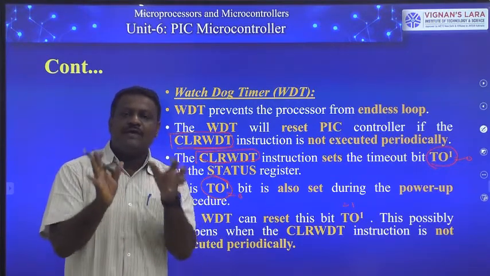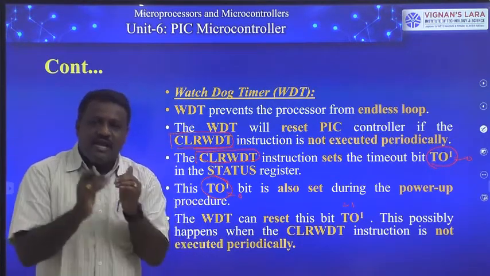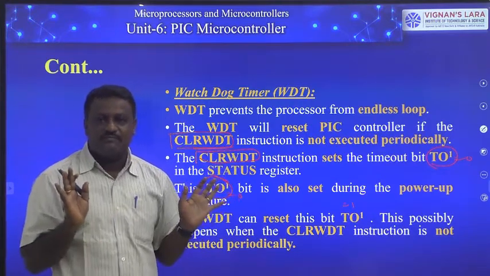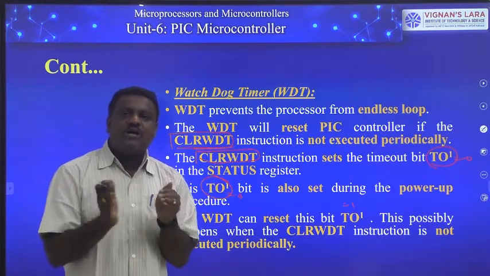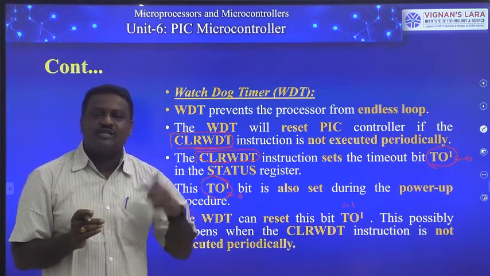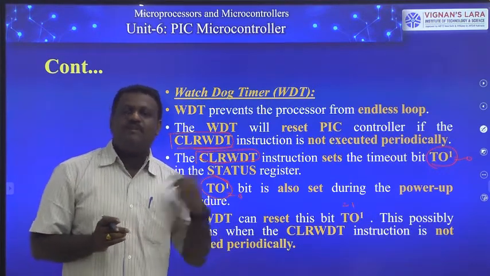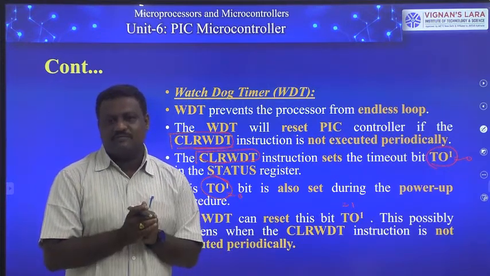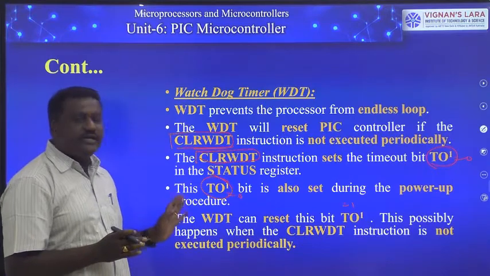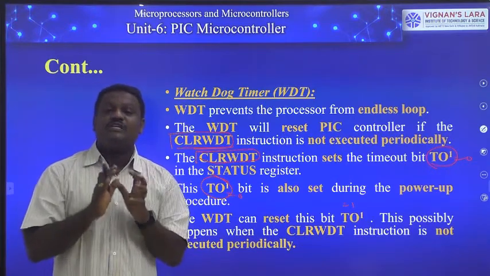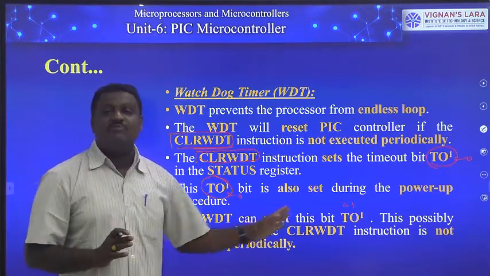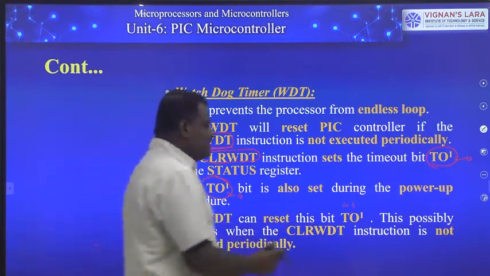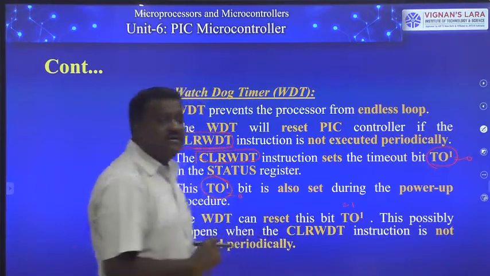That's what I was saying just now. If your controller executes the CLR-WDT instruction at regular time intervals, there is no problem in the operation of the controller. If the controller can't execute the CLR-WDT instruction at regular intervals, or periodically, there is a problem in the operation of the controller. Then the watchdog timer resets the timeout bit in our status register, that is TO bar is made logic 1.